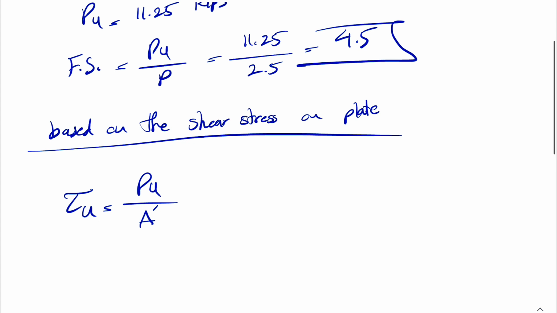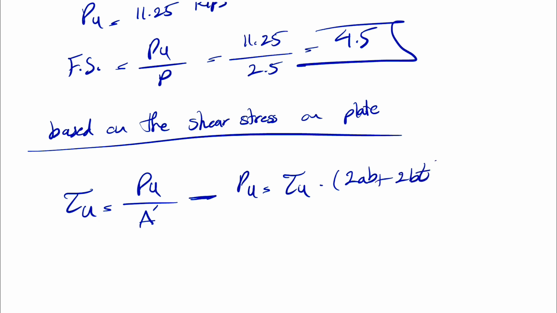So I'm just going to put that in here. Our PU would be the ultimate shear stress times the area, which was 2AB plus 2BT, or we can just factor 2B in here.